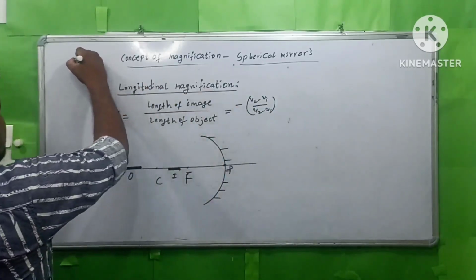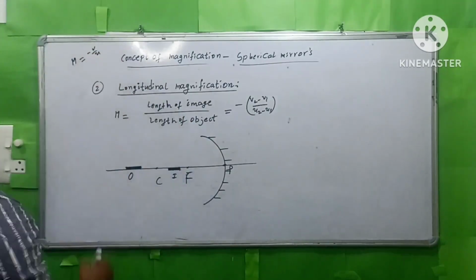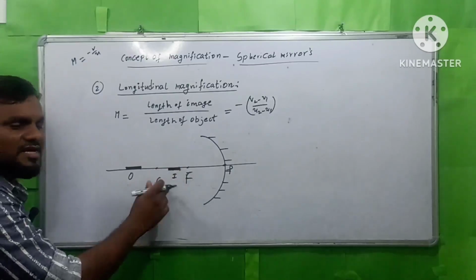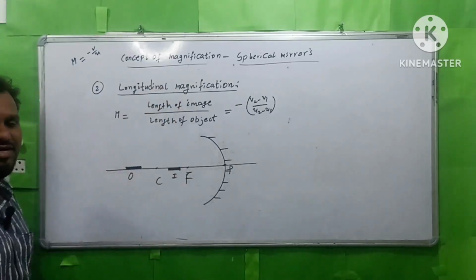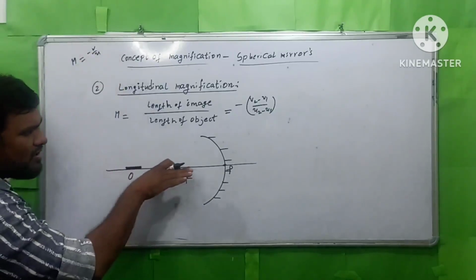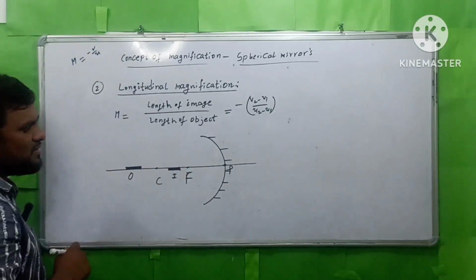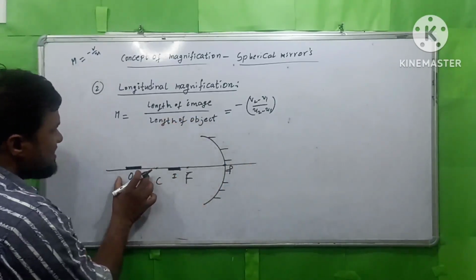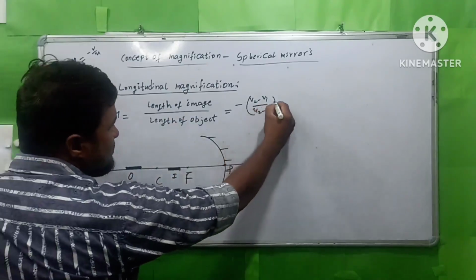Actually, magnification m is equal to minus v by u. Along the principal axis, linear magnification is nothing but longitudinal magnification. So you have to consider this formula only. Why? Because it is the length along the principal axis. So for a large object, you have to use this formula.